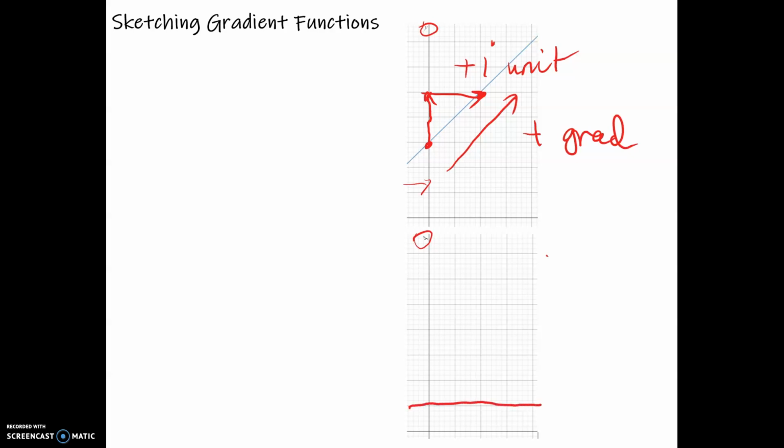Now, if there are no numbers given, that's fine. You don't need to make sure it's exact. Please use a ruler and make sure you draw a nice flat line. Unfortunately, I don't have a ruler on the computer, so I can't do that. So there we have it. If it is a straight line going uphill, it's going to be in the positive region. But if it was a straight line going downhill, remember, it will be in the negative region.